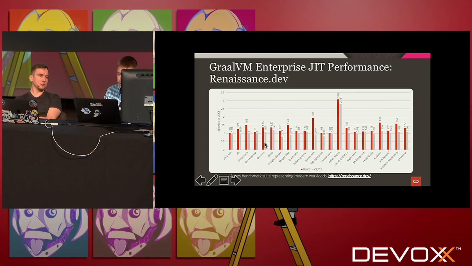What you can see is that how much performance you get out of using GraalVM Enterprise Edition can vary a lot from workload to workload. We have some workloads, for example Akka UCT, where there's almost no performance gain, almost 0. But then we have some benchmarks where you can get 2x or 3x.